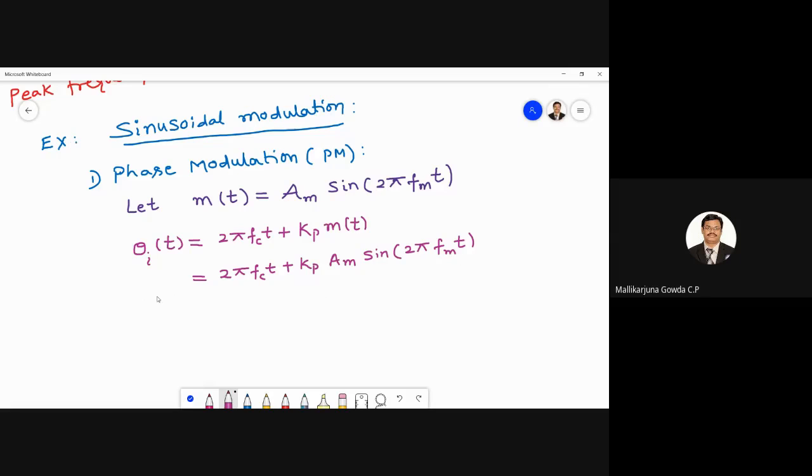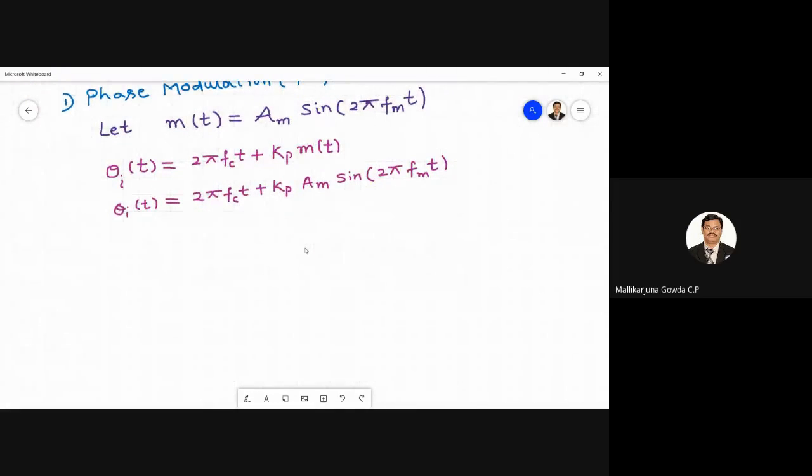Fine. So this is my theta i of t, right? Now what is the expression for the phase modulated signal? Ananta, can you say what is the phase modulated signal I can write?